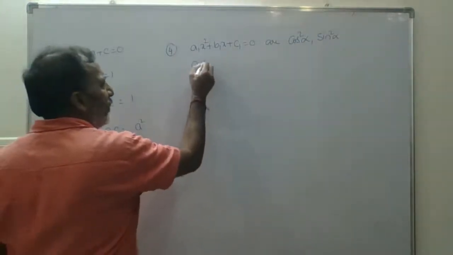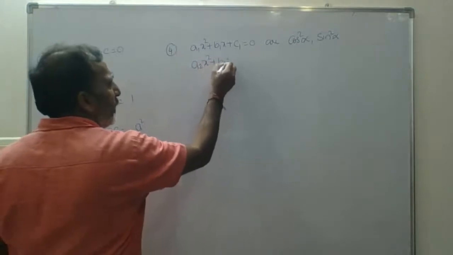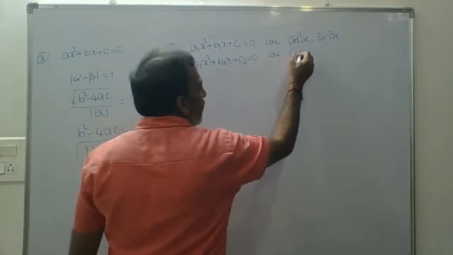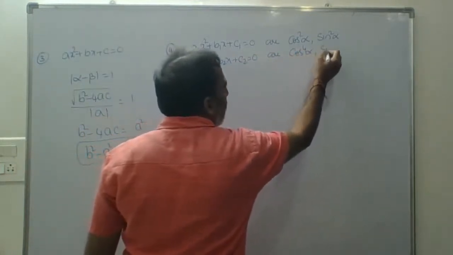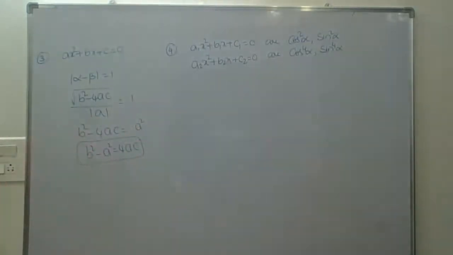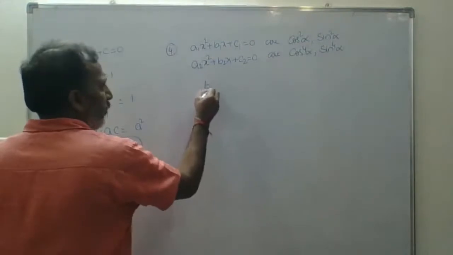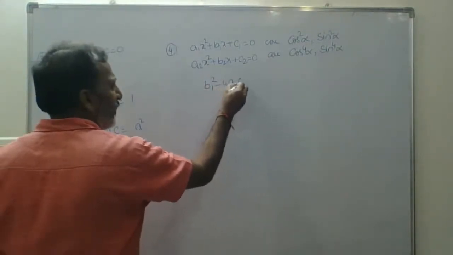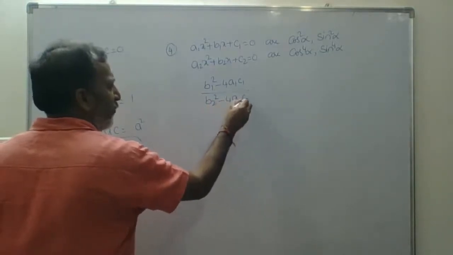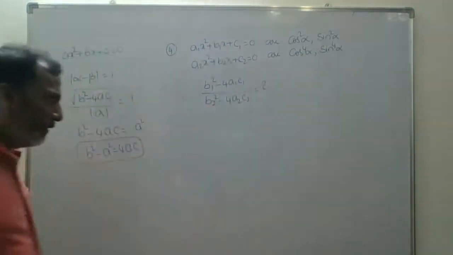The roots of a2x square plus b2x plus c2 is equal to 0 are cos power 4 alpha, sin power 4 alpha. Then b1 square minus 4a1 c1 by b2 square minus 4a2 c2 is equal to dash.